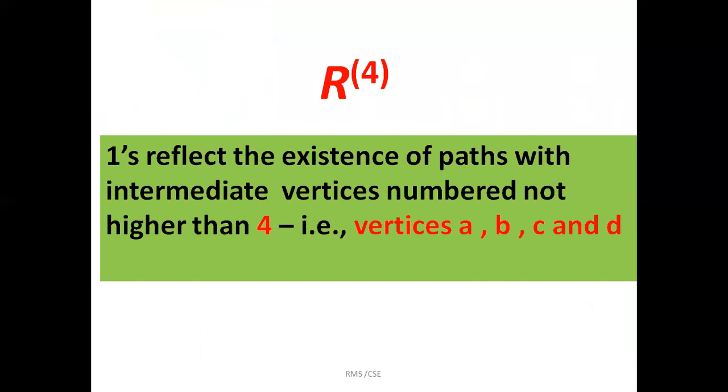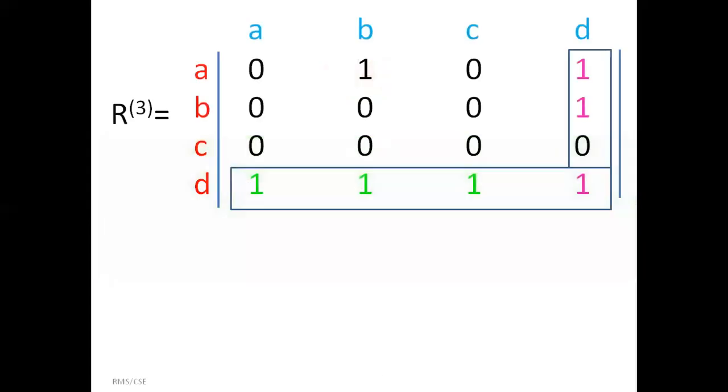Maximum 4 means it can be 0, 1, 2, 3 or 4. It can be A, B, A, B, C, or we can have all 4, A, B, C, D, to get the transitive path. So to find R power 4, first I need to take R power 3. Now from R power 3, I need to select the 4th column and 4th row.